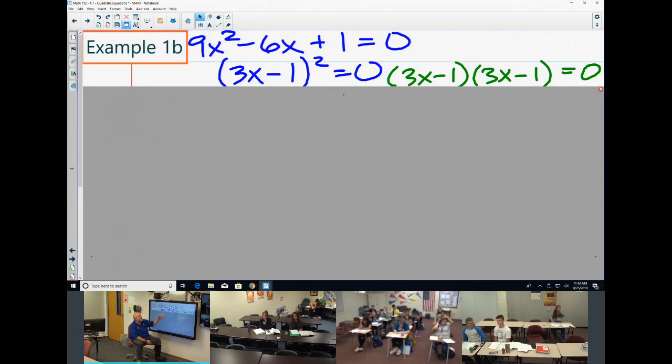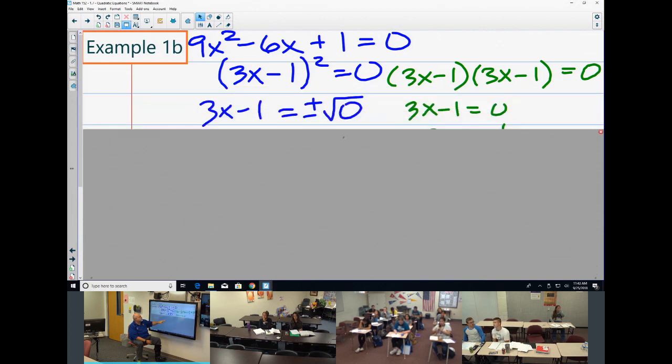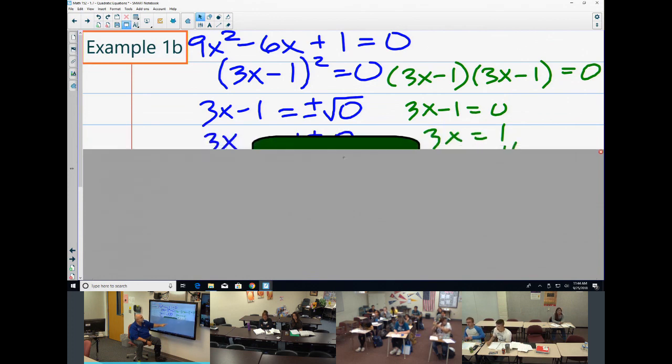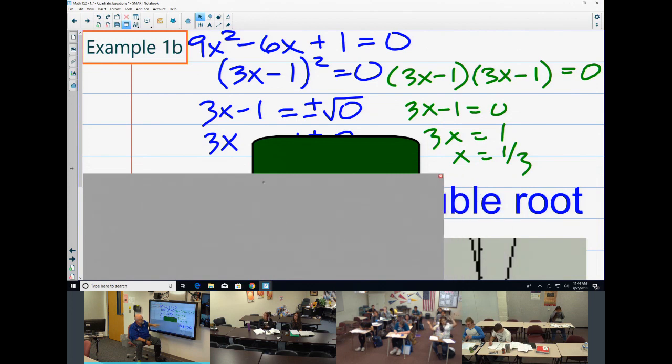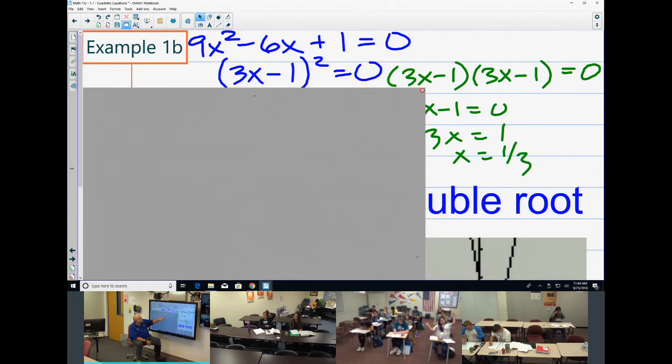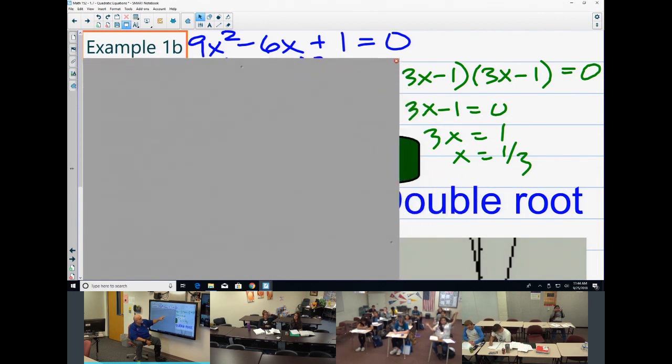So when we set each factor equal to 0, we get the same answer twice.